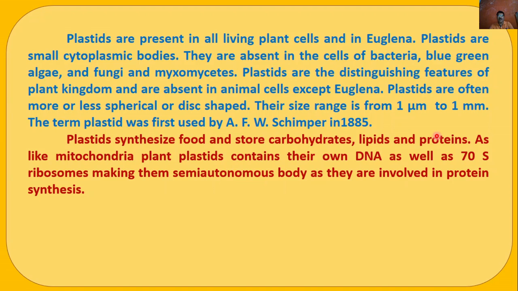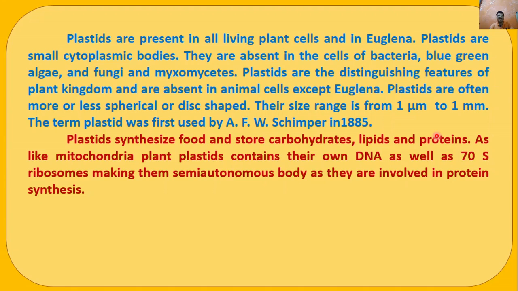Like mitochondria, plant plastids contain their own DNA as well as 70S ribosomes, which makes them a semi-autonomous body, as they are involved in protein synthesis. The 70S ribosomes are present in prokaryotic cells and the same type of ribosomes can be seen in plastids.